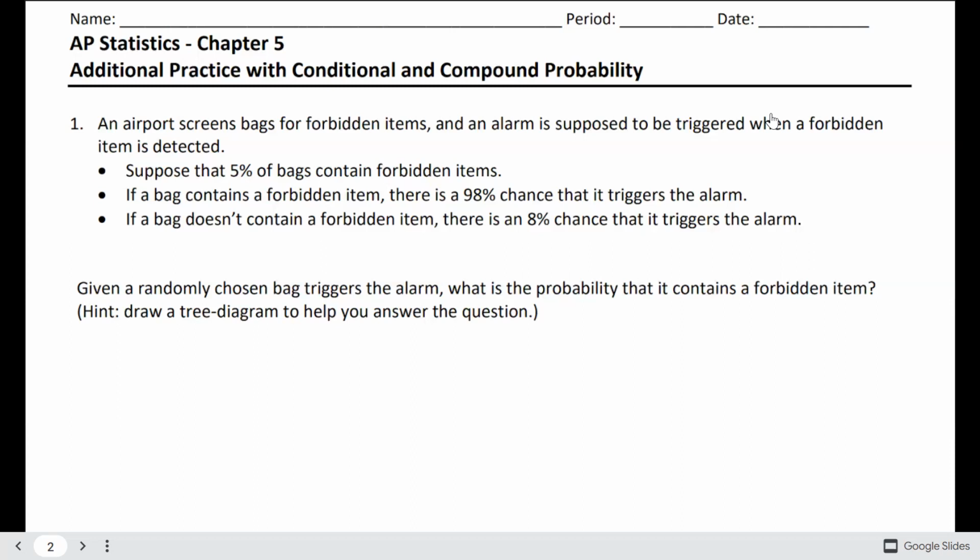So on the bottom, the probability that the alarm went off, what happens when I add those two together? 0.049 plus 0.076. What do I get when I add those two together? 0.125.